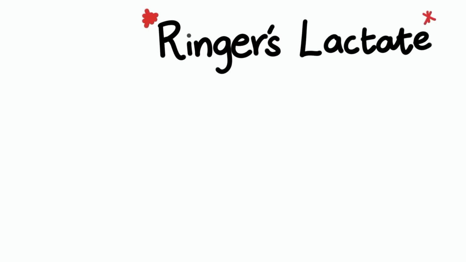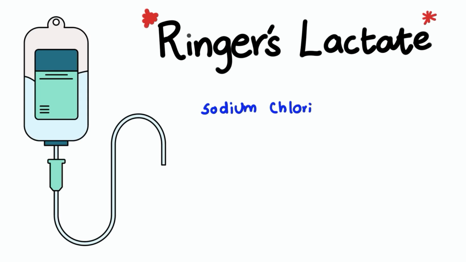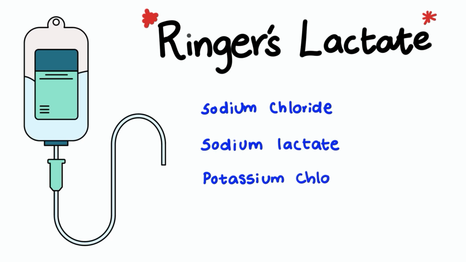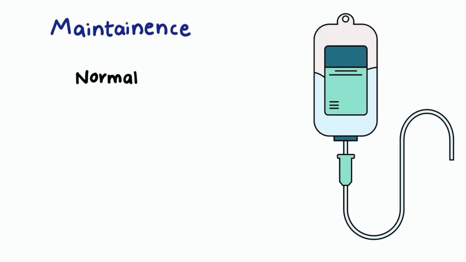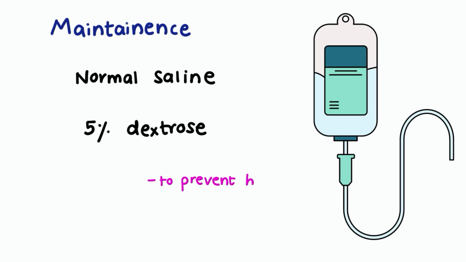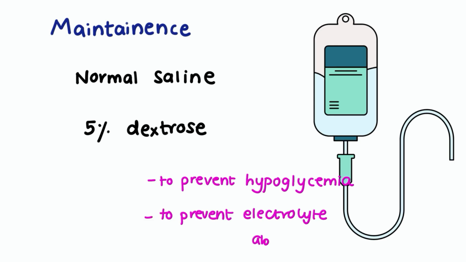The first choice of fluid is Ringer's lactate because it contains sodium chloride, sodium lactate, potassium chloride and calcium chloride. Subsequently, the maintenance fluid is composed of normal saline with 5% dextrose to prevent hypoglycemia and electrolyte abnormalities in children. Let's do a quick example so that you guys can understand this better.